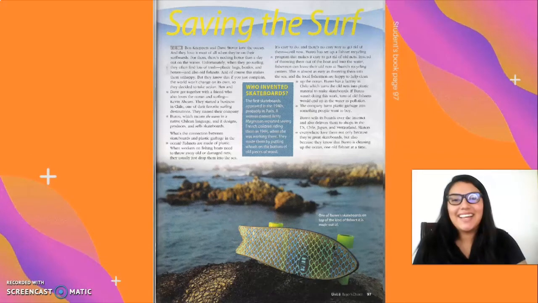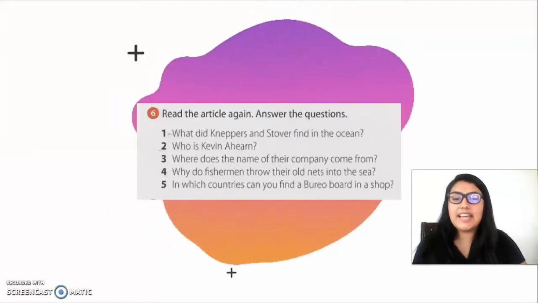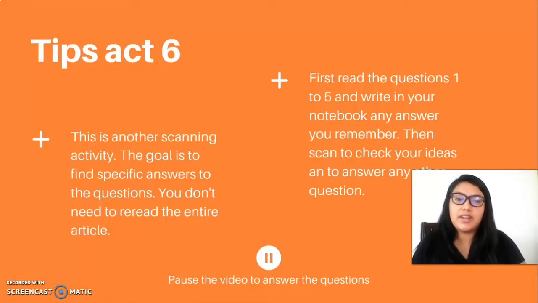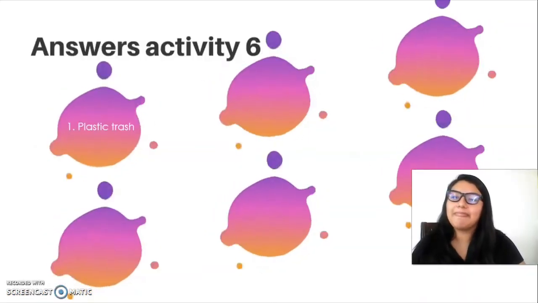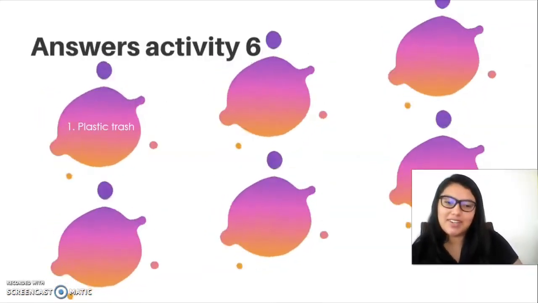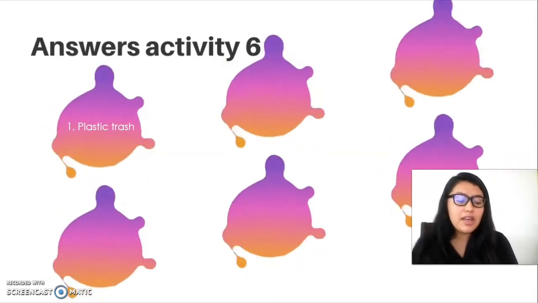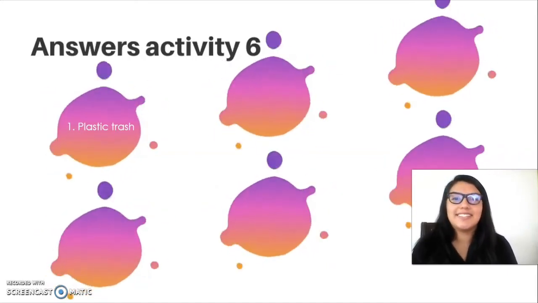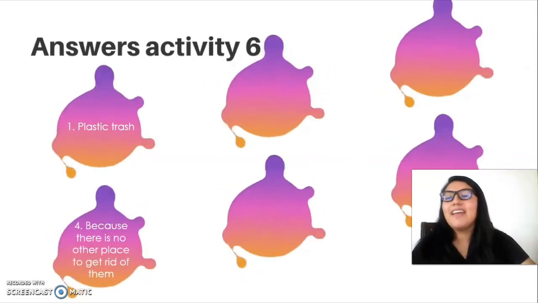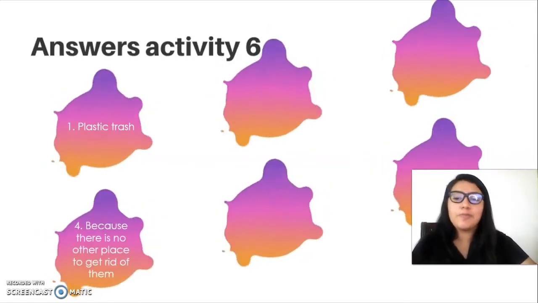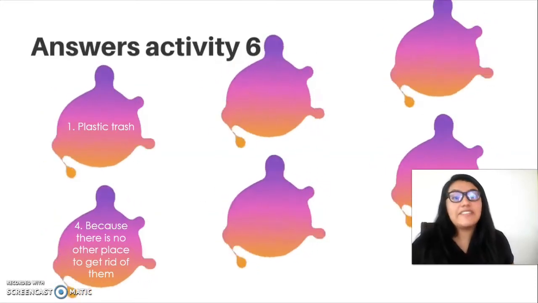The first question says, what did Nippers and Stover find in the ocean? The answer would be plastic and trash. Question number 4 says, why do fishermen throw their old nets into the sea? Do you have the answer? Yeah, it's because there is no other place to get rid of them, okay? Question number 2 says, who's Kevin?